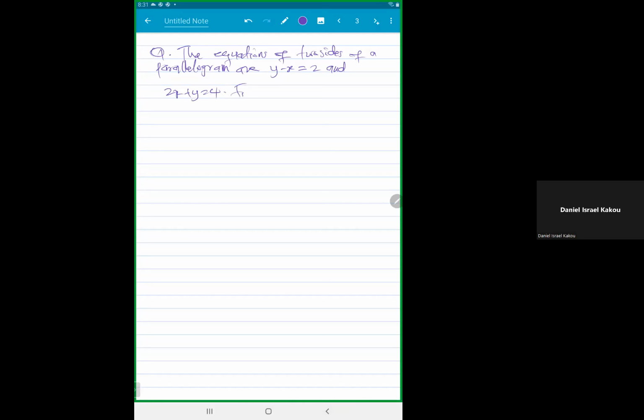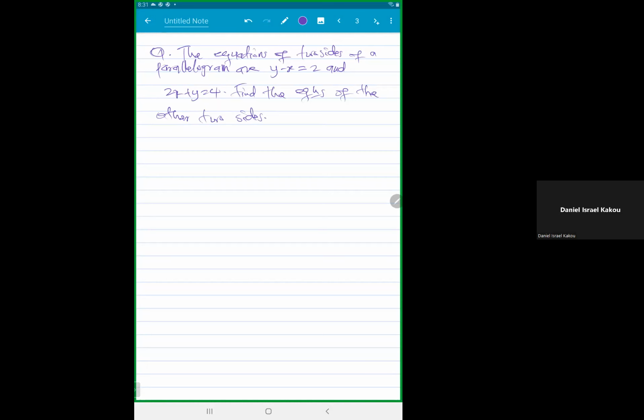And it says find the equations of the other two sides.